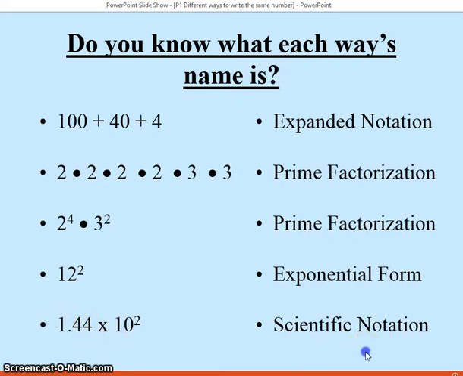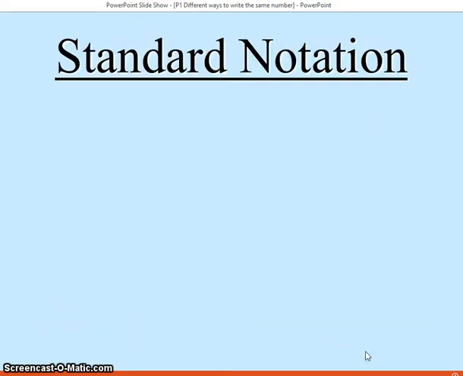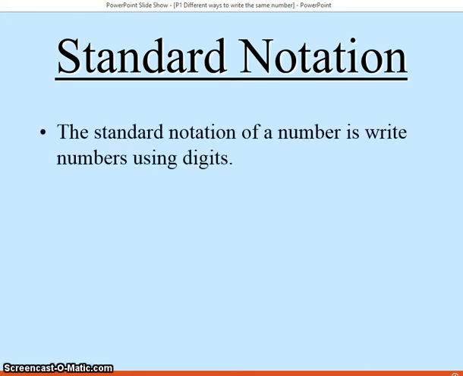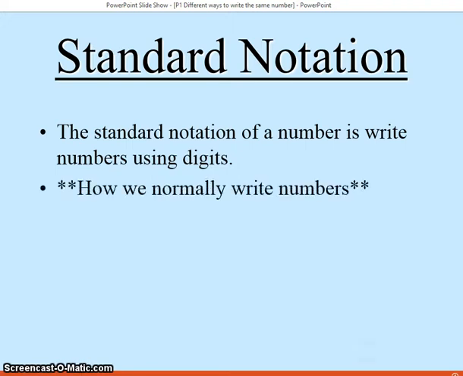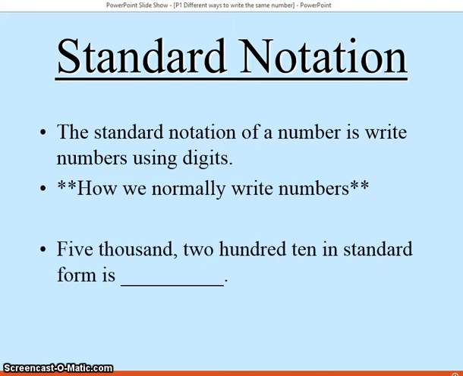Let's begin with another form, one that you're very familiar with, and that is standard notation. Standard notation is a way to write numbers using digits. This is how we normally write a number. For instance, if you wanted to write the number 5,210 in standard form, how would you write that?